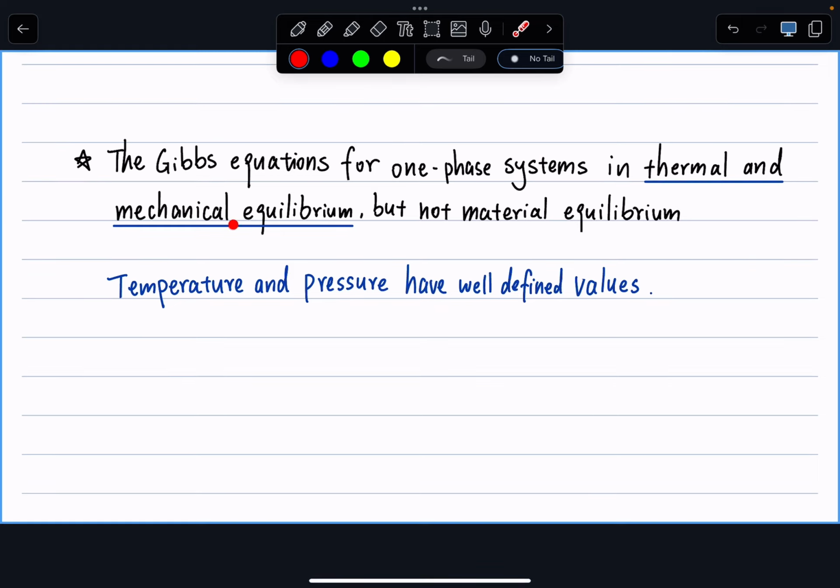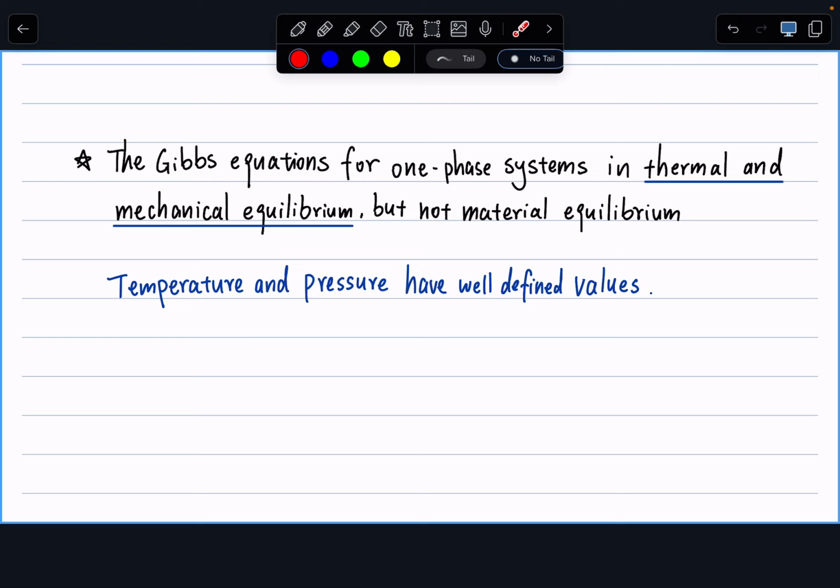Thermal and mechanical equilibrium just tells us my temperature and pressure are well defined. It may not be zero, but it has a well-defined number. But the system itself is not at material equilibrium. So there can be different things going on, might be a chemical reaction going on, from reactant to product.